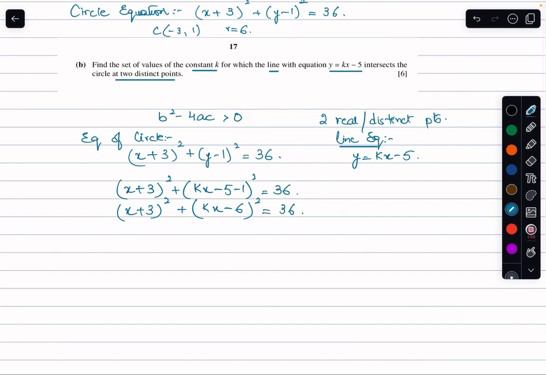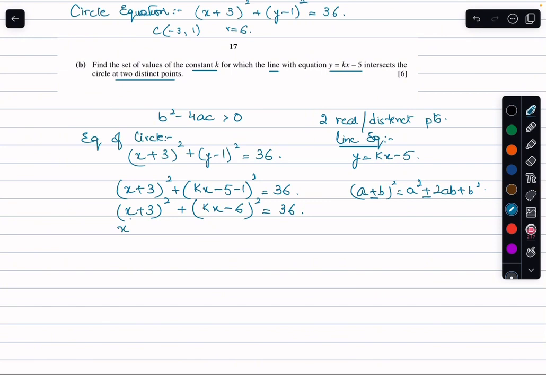So doing the expansion for (a + b)², which equals a² + 2ab + b², and for (a − b)², this needs to be a² − 2ab + b².